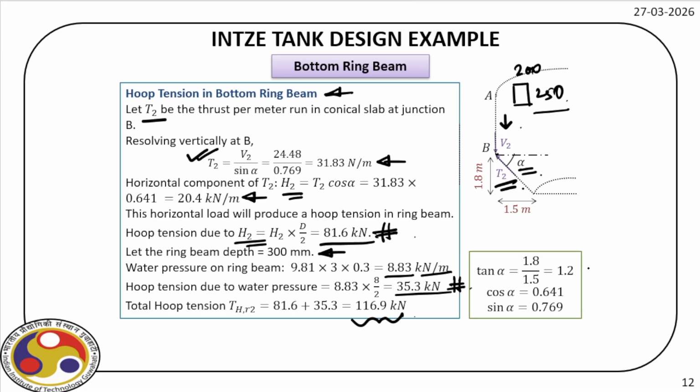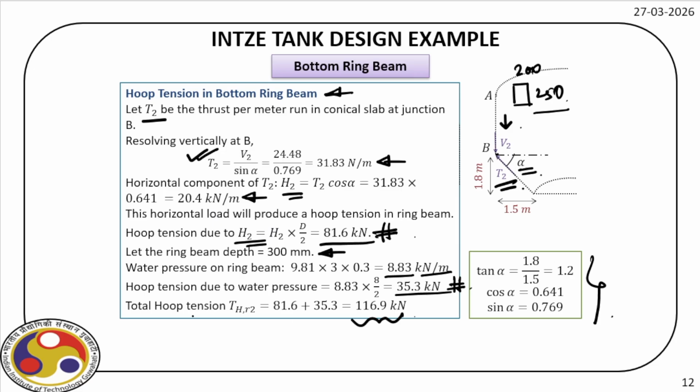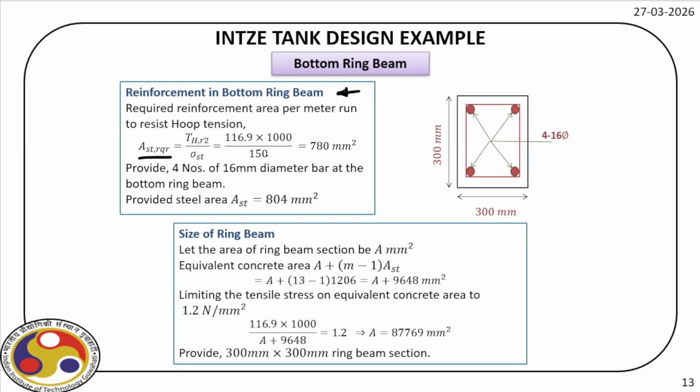And here you can see the estimation of alpha and sine and cosine of alpha, which comes from the geometry. Now, reinforcement in the bottom ring beam we have to calculate. For that, we have already evaluated the total hoop tension, which is 116.9 kilonewton, as you can see here, divided by the allowable stress 150.